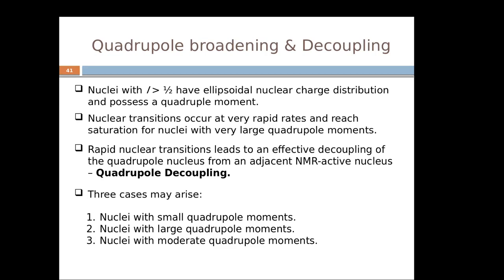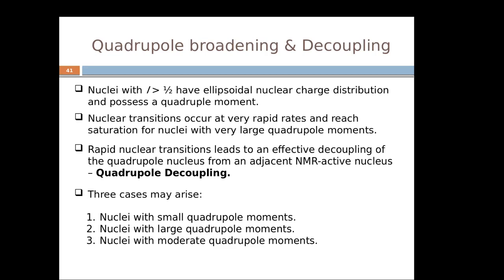When the adjacent proton nucleus tries to couple with the lower energy nuclear state of the nitrogen nucleus, the population gets immediately transferred to the upper energy state of the nitrogen nucleus. And then if the proton tries to couple with the upper energy nuclear state of the nitrogen nucleus, the population rapidly reverts back to the lower energy nuclear state.